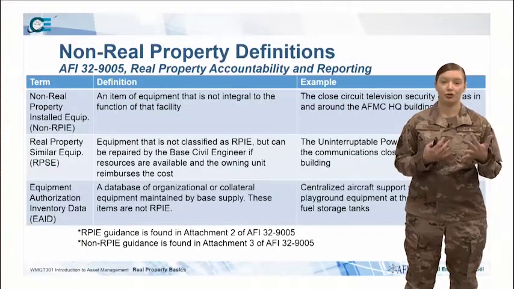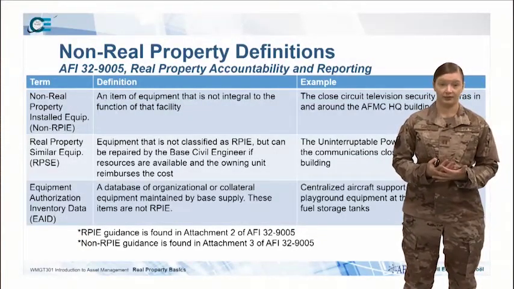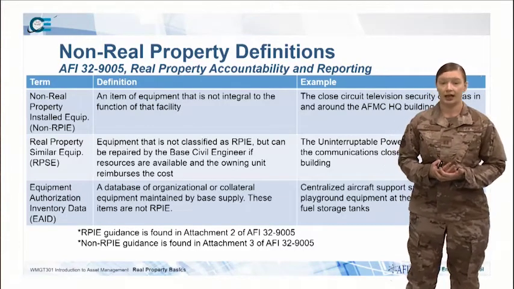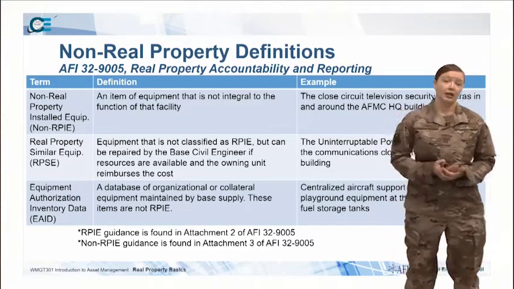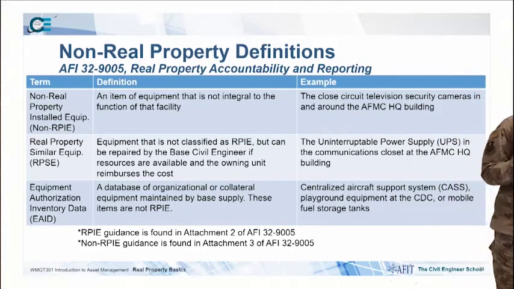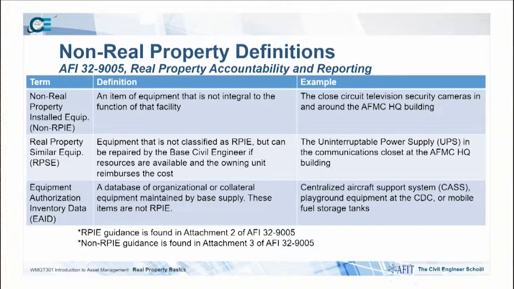So let's talk about non-real property definitions. I'll step off the slide again and talk about what it means to be non-real property installed equipment. Here we're talking about an item of equipment that is not integral to the function of the facility. So exactly the opposite. There's also something called real property similar equipment, or RIPSI, which is equipment that can be repaired by the BCE if resources are available and the owning unit reimburses cost.